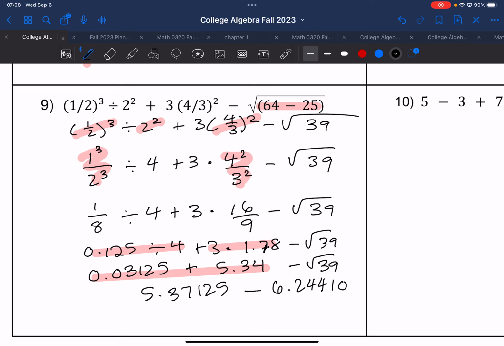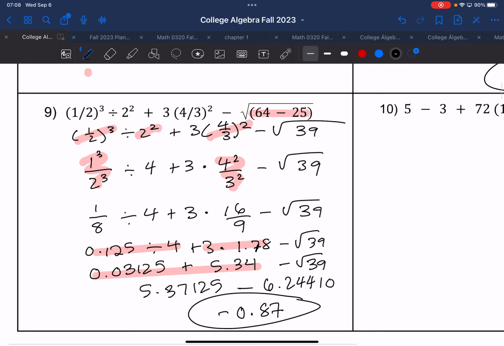Now subtracting these, we get 5.37125 minus 6.24410, which is negative 0.87. And I'm going to round to 2 decimal places for my final answer.